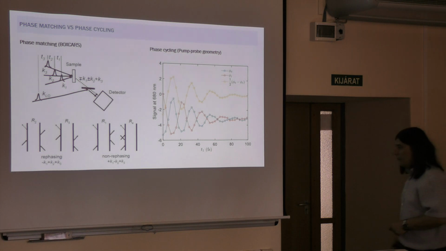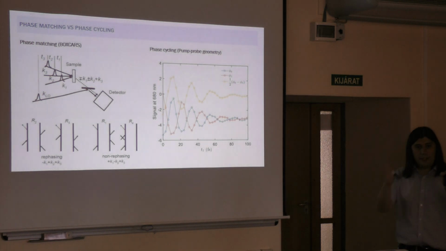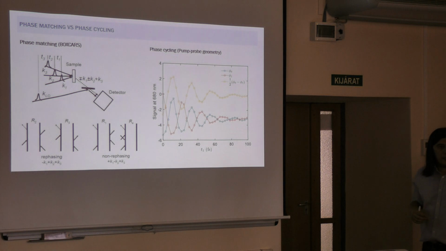Because what happens is that the first pulse creates a coherence, and then the second pulse can either constructively or destructively interfere with that. So it will flip the phase of the oscillations. And then we can take the difference of that. It will only keep the oscillatory signal, and every background which does not oscillate will be subtracted, right? So this is phase cycling.